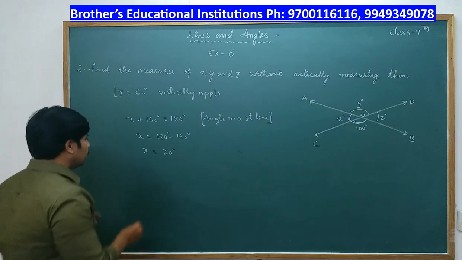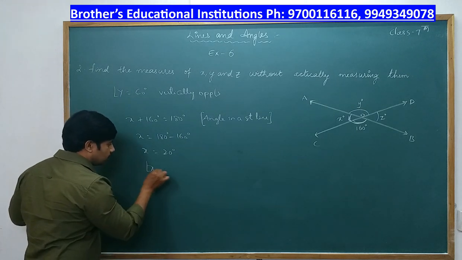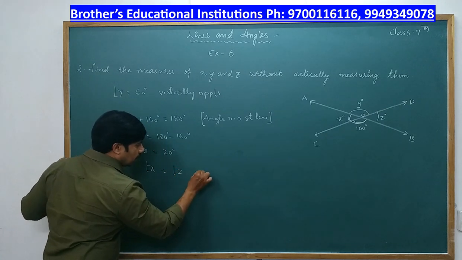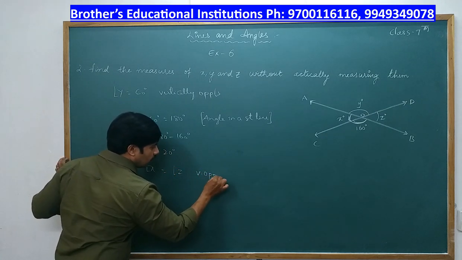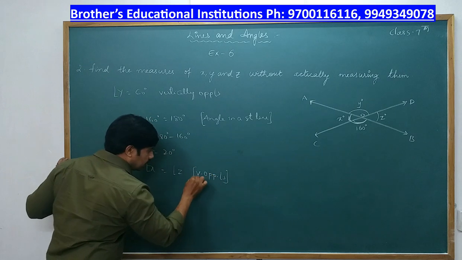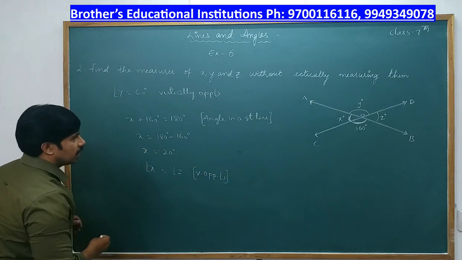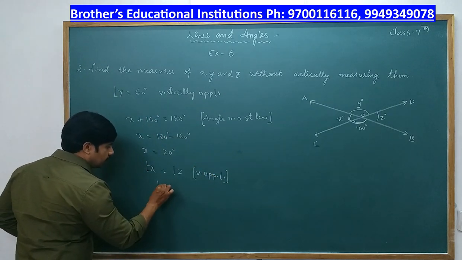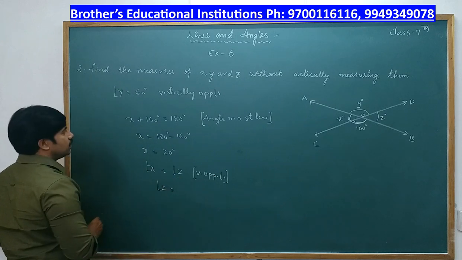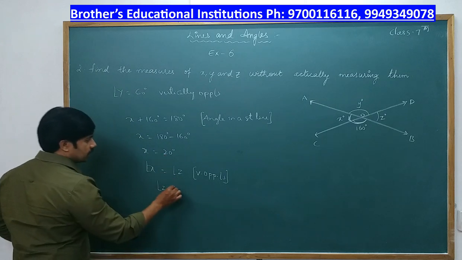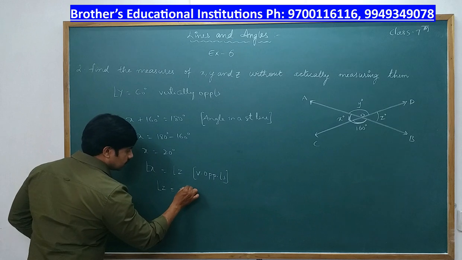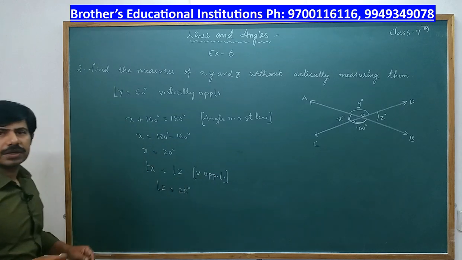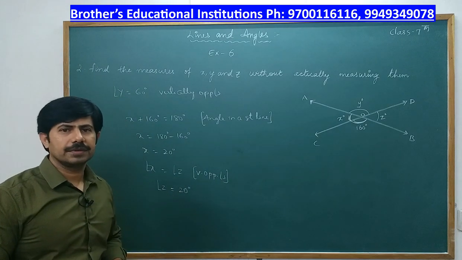As X is equal to Z, why? They are vertically opposite angles. So we say that angle Z is equal to angle X. So angle Z is also how much? It is 20 degrees. Okay, so this is completed.